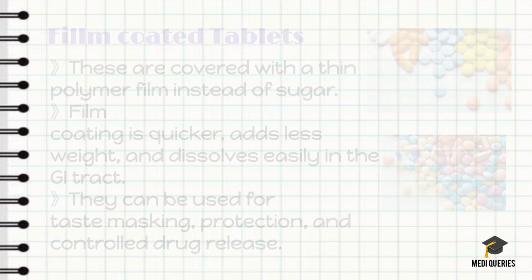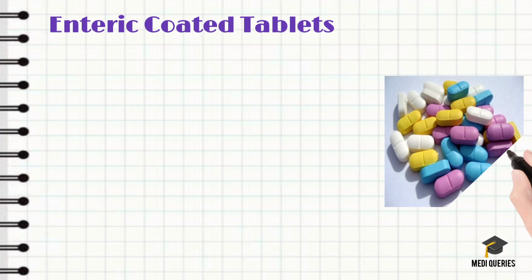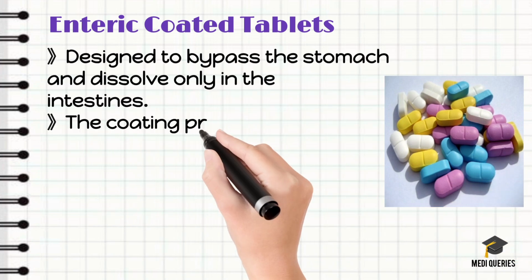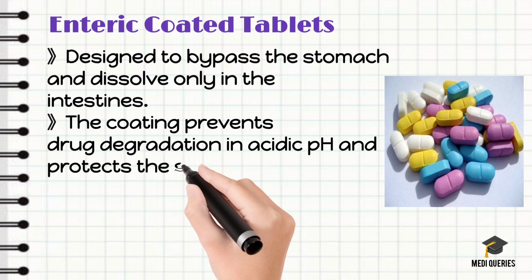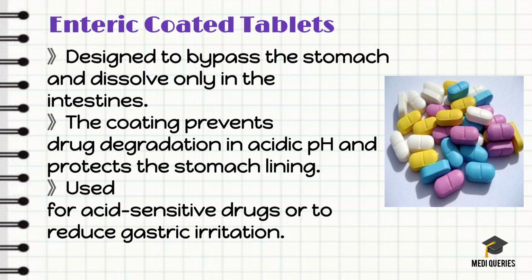And next is the enteric coated tablets. Enteric coated tablets are designed to resist the acidic pH of the stomach. Their coating remains intact in the stomach but dissolves in the alkaline environment of the intestines. This protects acid sensitive drugs or prevents the gastric irritation caused by certain drugs.